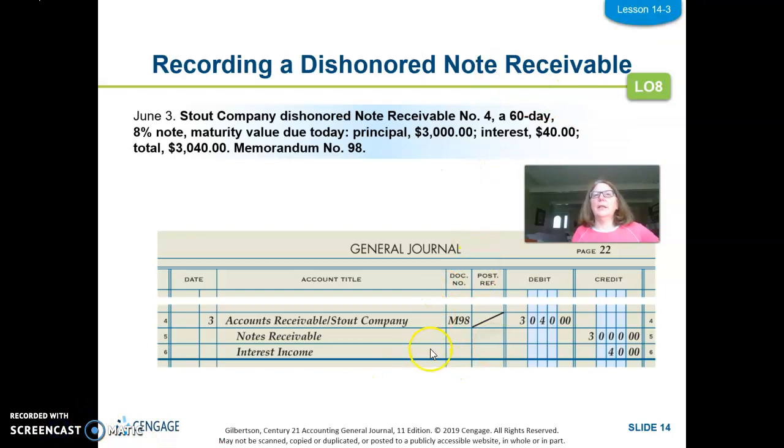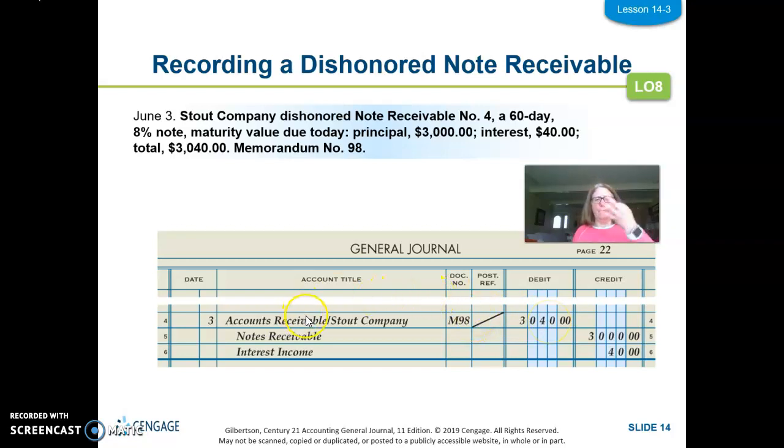So most likely what's going to happen here is that I have this accounts receivable now. That note is gone. I've recorded my revenue, but this accounts receivable is going to probably get written off if they just do not have the ability to pay me because of bankruptcy or other issues.